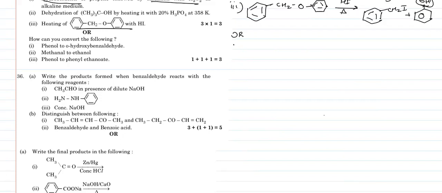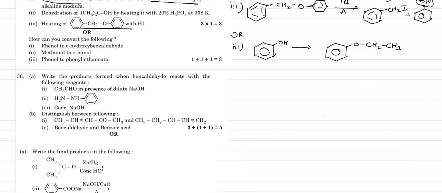This is probably one of the methods of preparation of the ether. So the third one, phenol to OCH2CH3. This is the product that we need.